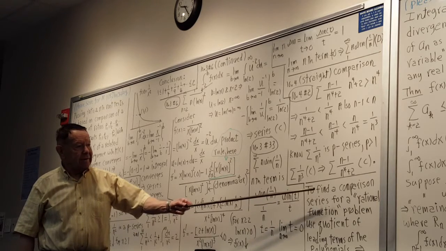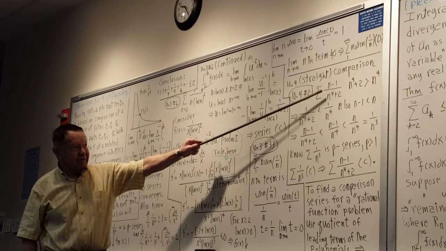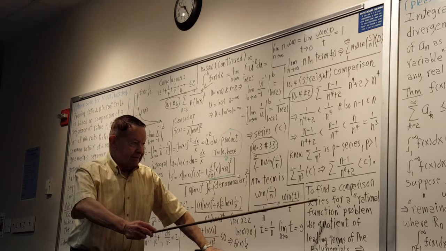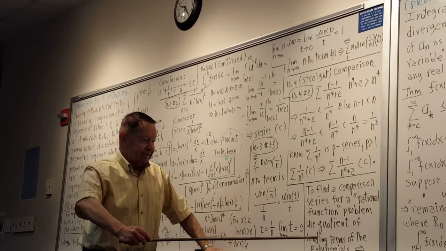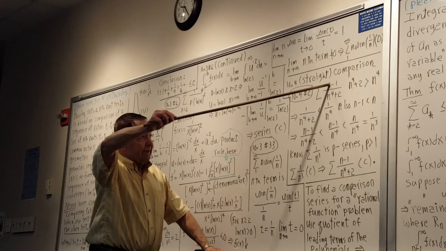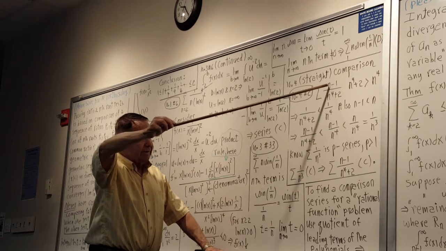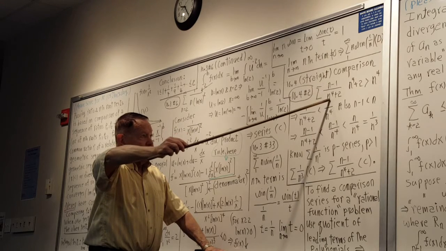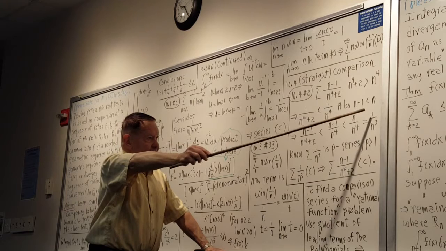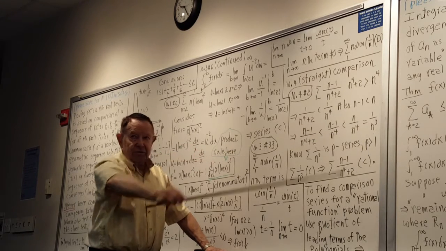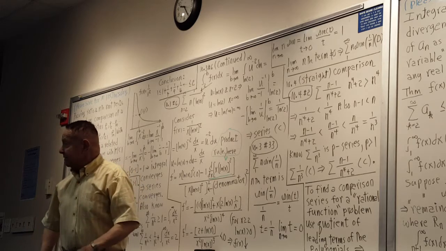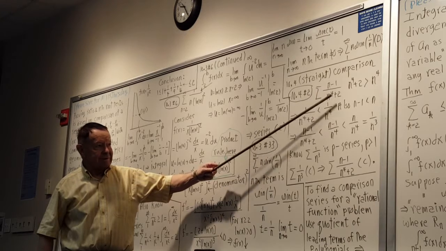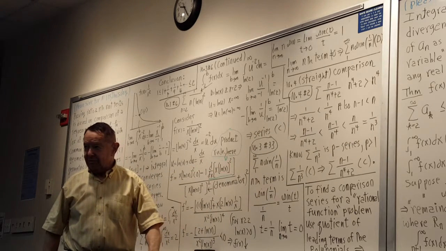And the game that you play when you have a rational function type general term in your series, to find a comparison series, is you take the quotient of the leading terms, the highest powered terms in your polynomials. So that's n over n fourth, and that gets you the 1 over n cubed. So the best comparison series that you could probably use here is 1 over n cubed.